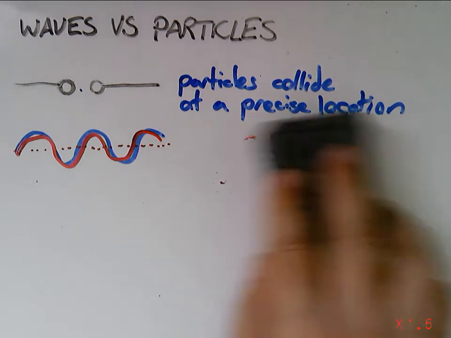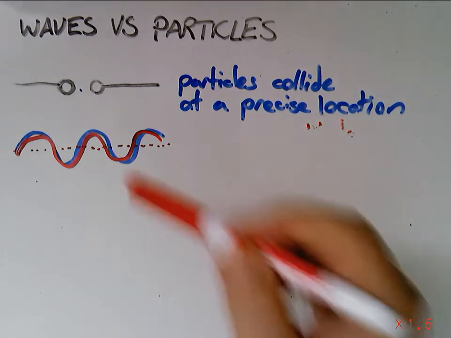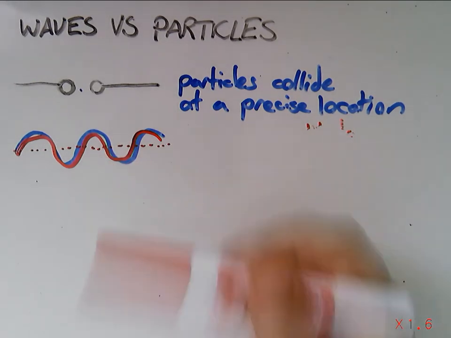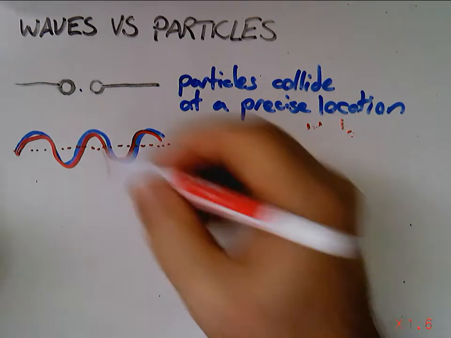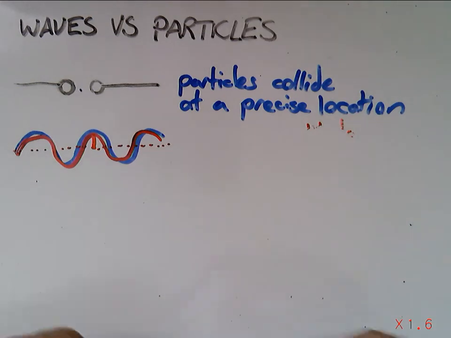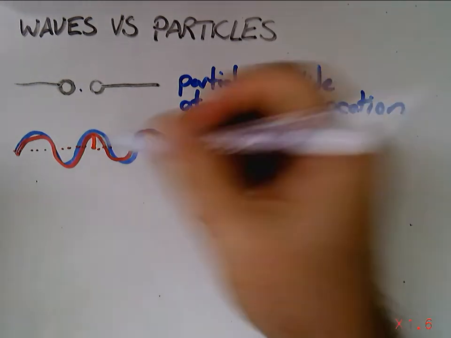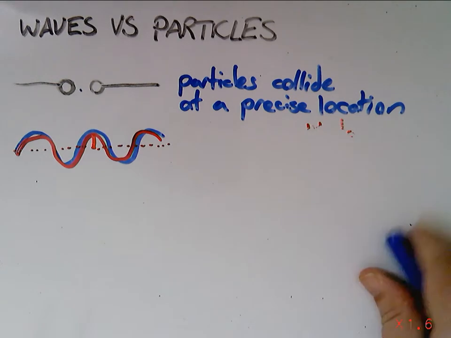Now if I look at the amplitudes of these two waves, they're the same. And what will happen when they move into the same region of space is that they will no longer act like separate waves. They will kind of melt together. And what will happen is their amplitudes will add up. So the red wave's amplitude is there at this point, and the blue wave's amplitude is here.